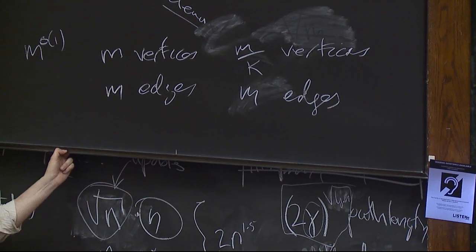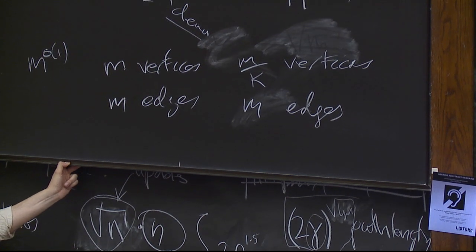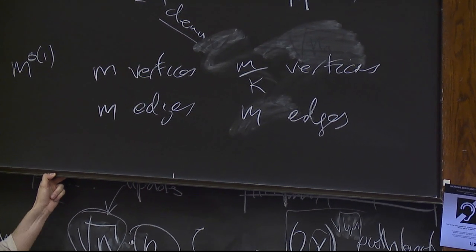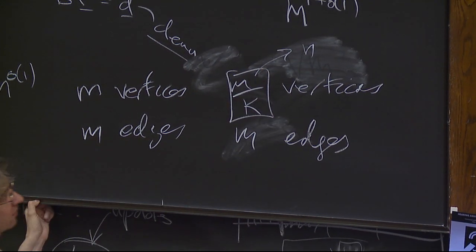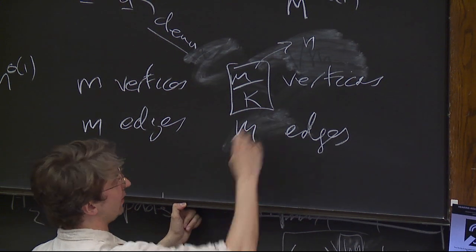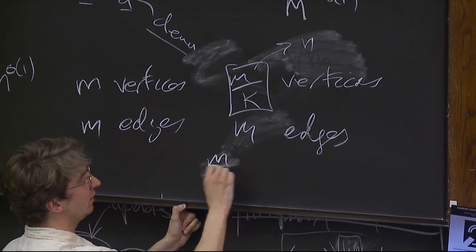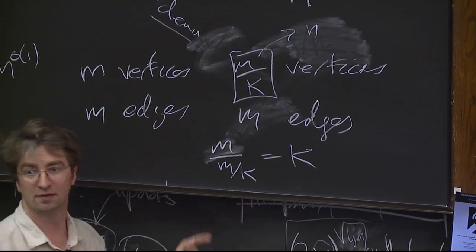So the spanner is being applied to this thing, which was the n of the spanner. So the average degree is m divided by m over k, so it's k.